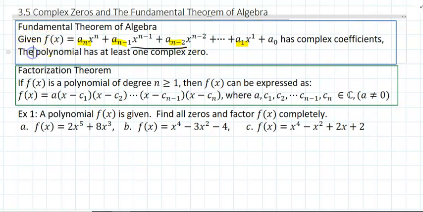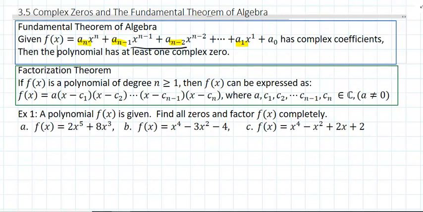Then the polynomial has at least one zero. So given that f of x has complex coefficients, then the polynomial has at least one complex zero.